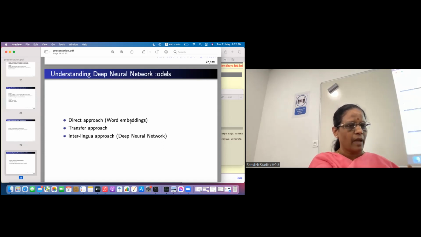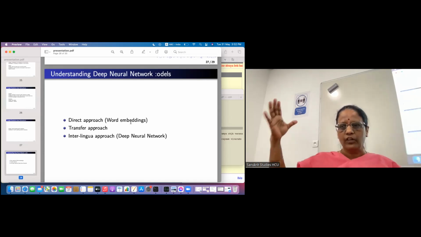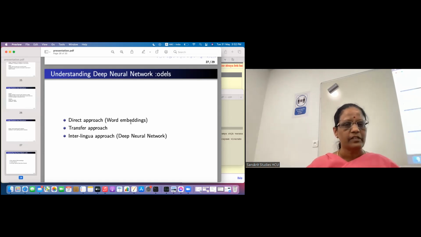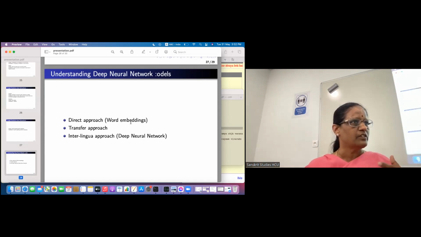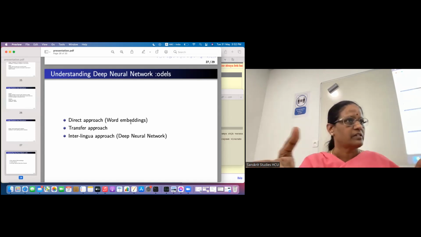You have the mappings for all the words, and for Hindi also you have all the word mappings. So from this small corpus, they extended it to the big corpus, and they established these mappings between Sanskrit and Hindi. English and Hindi were already established, and therefore they could go to Sanskrit and English. I don't know whether they went from Sanskrit-Hindi to English or they had a separate Sanskrit-English, I don't know, but this is something which they did.